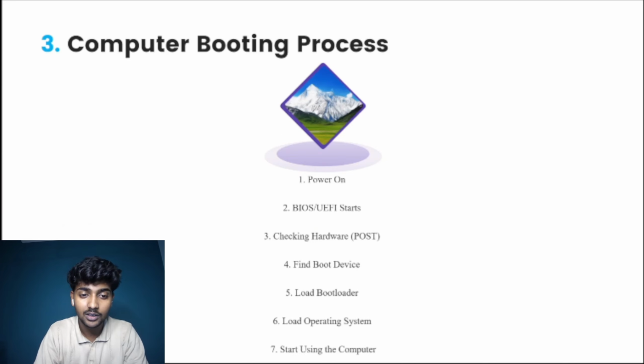Last topic of our video is the computer booting process. The booting process of a computer is the set of actions performed to start or restart your computer, which involves initializing the hardware, loading your operating system into memory, and the system configurations.